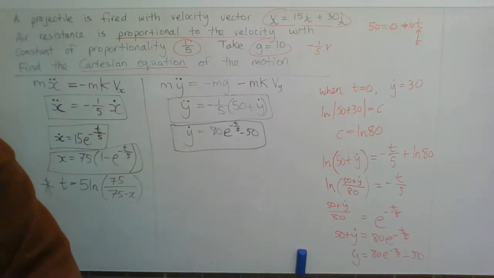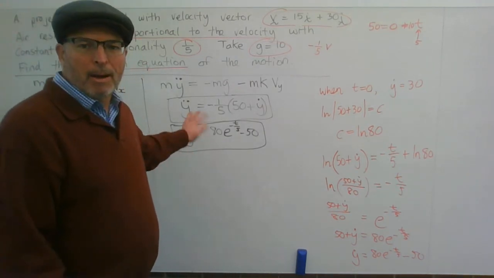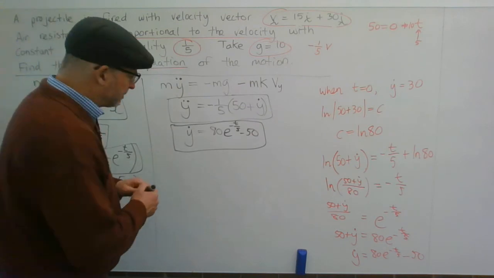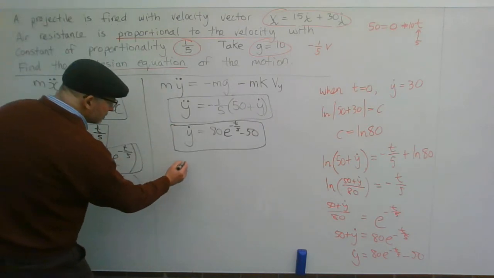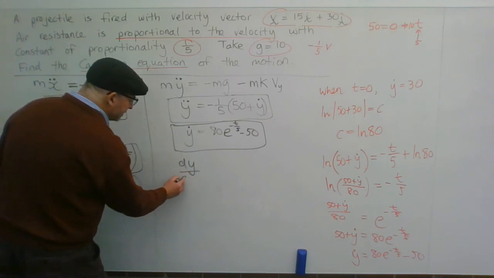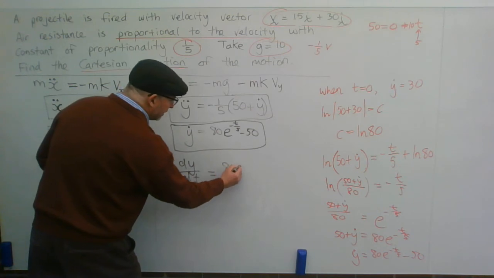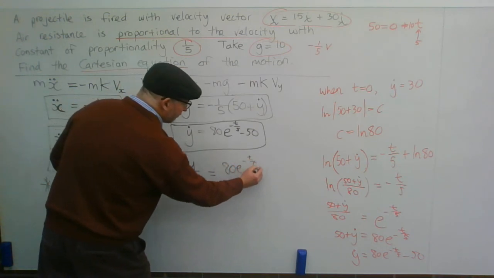And now I need to go up one more step to find my displacement in the vertical. So I need y, right? So I'm told that dy dt, that's y dot, is equal to 80 e to the minus t on 5 minus 50.